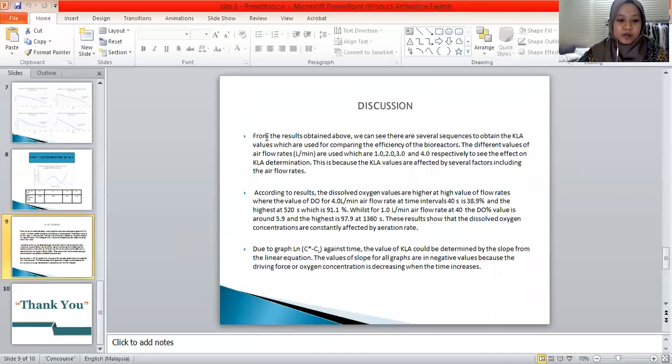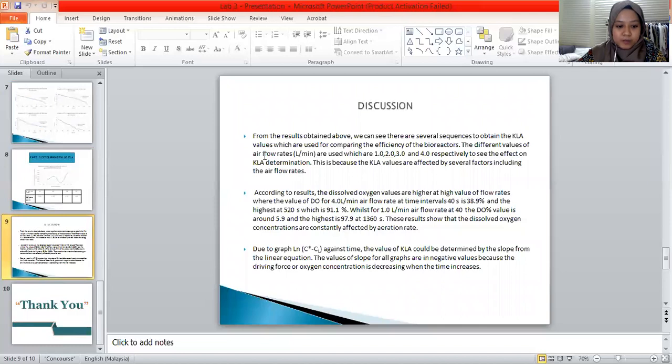So from the results obtained above, we can see there are several steps to obtain the KLA value, which is used for comparing the efficiency of the bioreactor. The different values of airflow rate in liters per minute are used, which are 1.0, 2.0, 3.0, and 4.0 respectively, to see the effect on the KLA determination. This is because the KLA value is affected by several factors, including the airflow rate.